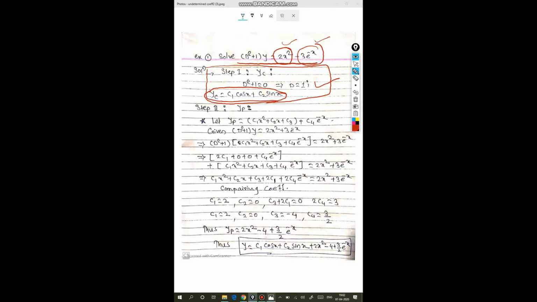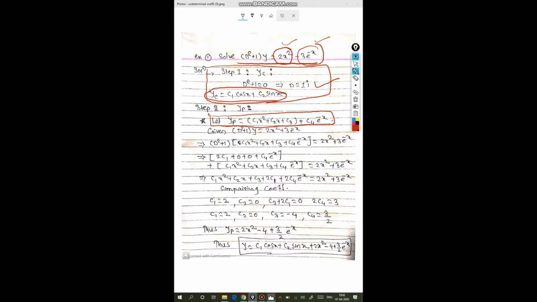Right now, let me come to the method of a particular solution. This is a very important step, because that only tells us how to get a particular solution by undetermined coefficients.